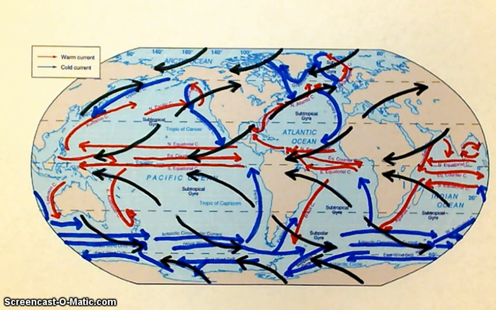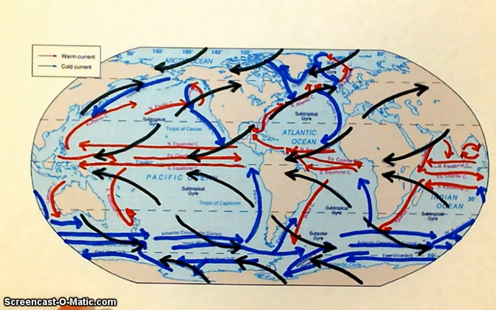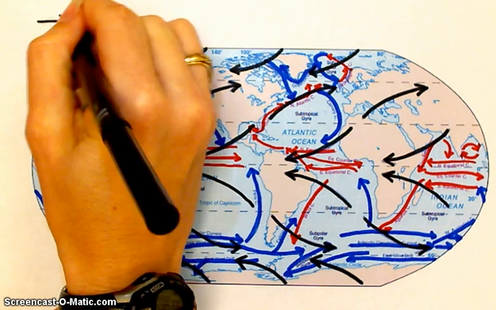Now we have lots and lots of arrows on our map. We need to make sure that we add to the key that our black arrows represent our surface winds.